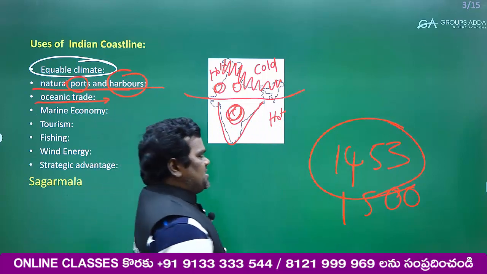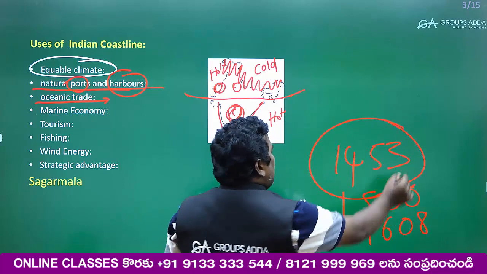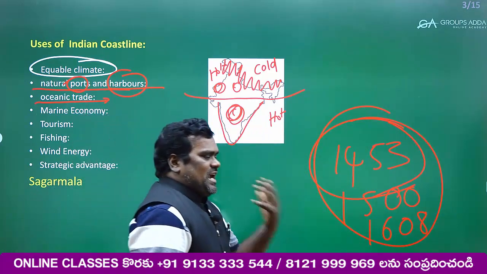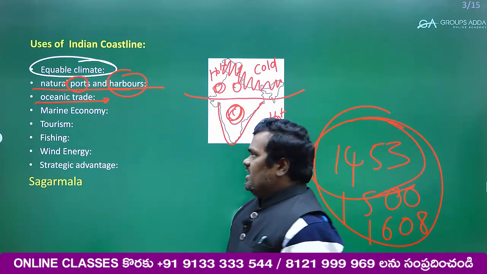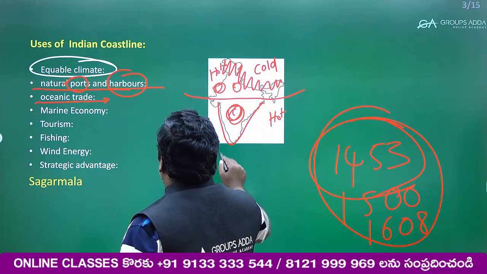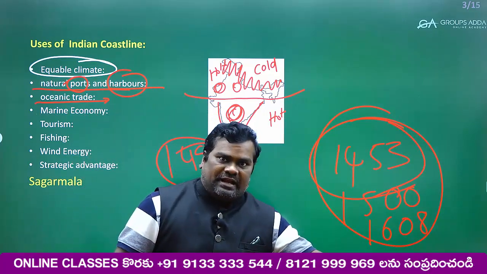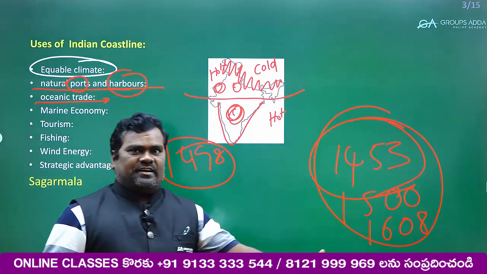Yes, the British came to India in 1608. Between these years, Europeans tried to come to India. Yes, in the year 1498, the Portuguese came to India for trade. Isn't it, my dear friends?